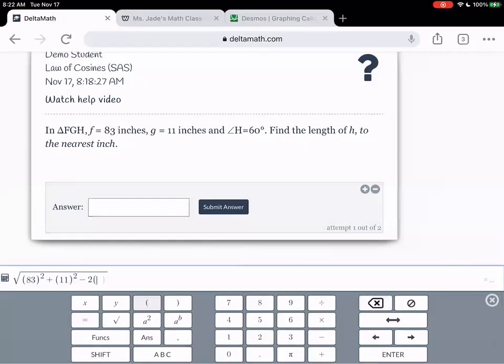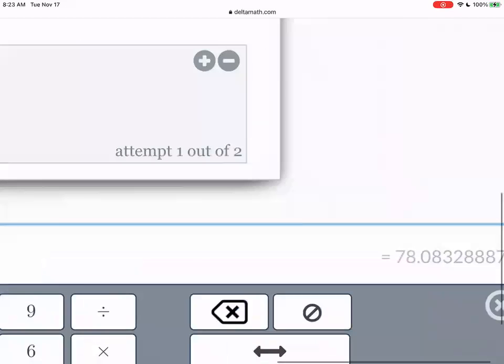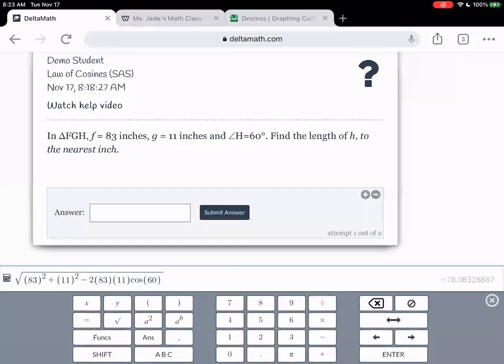Minus 2 times 83 times 11 times cosine of 60. There we go. Okay, good. And we round it to the nearest inch. So it tells us 78.08. So that is 78. Just going to put that in here.